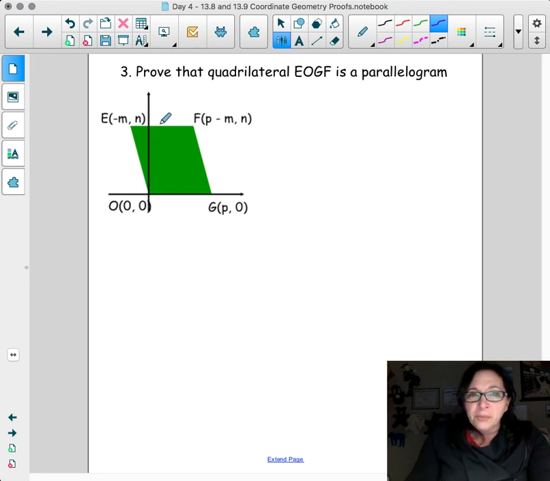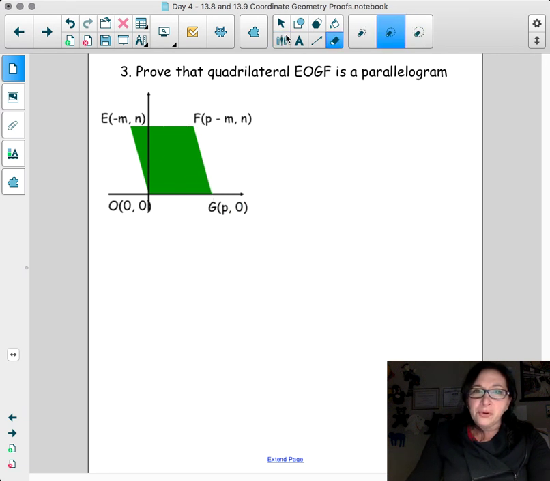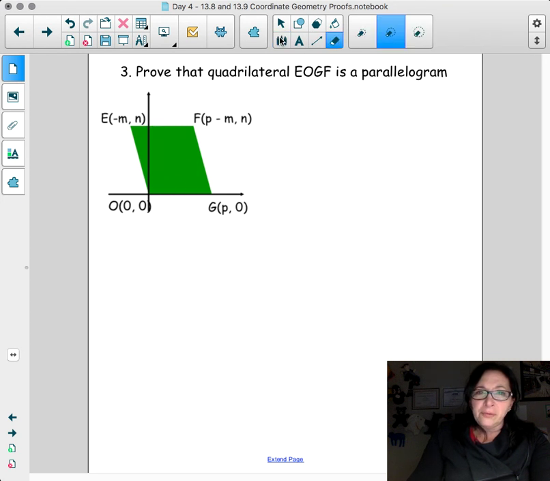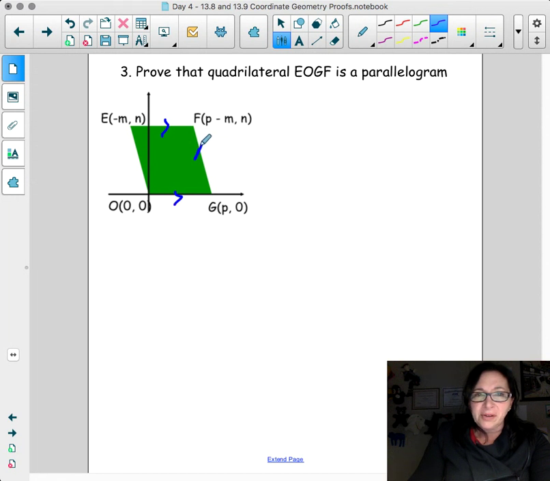Number 1, you can prove that both pairs of opposite sides are congruent. So I can use the distance formula. I can also prove that one pair of opposite sides are parallel and congruent. I could also prove that both pairs of opposite sides are parallel.